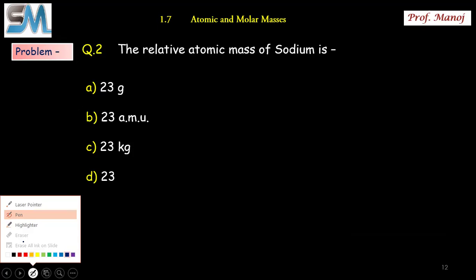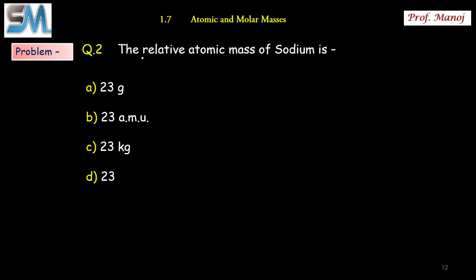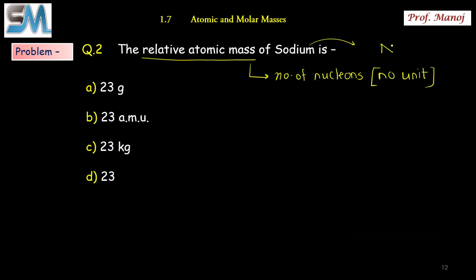This is nothing but relative atomic mass, RAM, which is simply the number of nucleons and no unit after that. By the way, sodium is Na with 23. So out of this, you can clearly see the answer is 23. And no unit should be written.